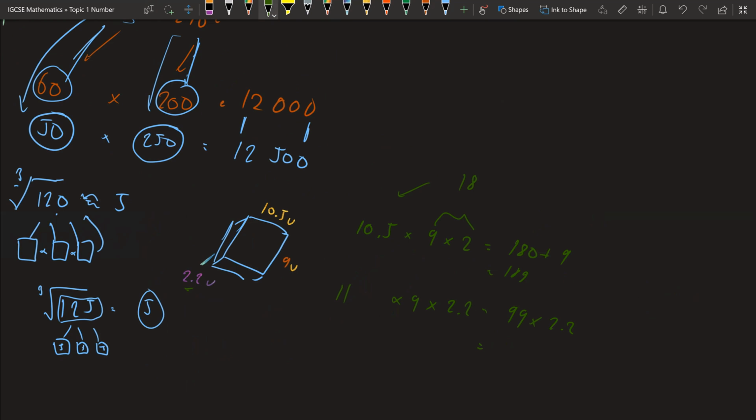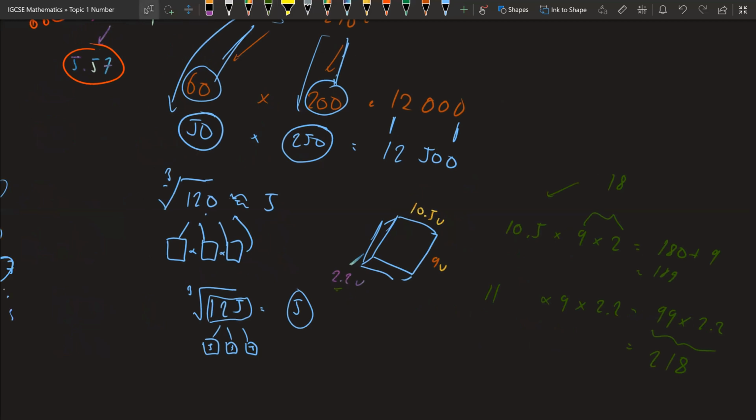Well, let's approximate 99 times 2.2, since 100 times 2.2, you get 220, right? So minus 2, this one is 218. That's just an approximation. So the range would be somewhere in between these two values, 189 and 218.